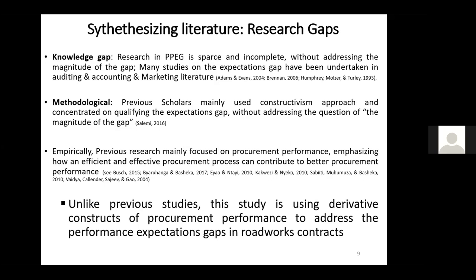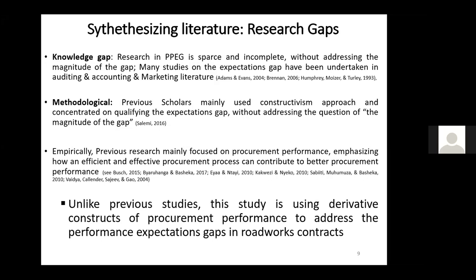So empirically, previous research also mainly focused on procurement performance, because a lot of money has been injected in order to improve procurement performance, in which they have been emphasizing how an efficient and effective procurement process can contribute to better procurement performance.